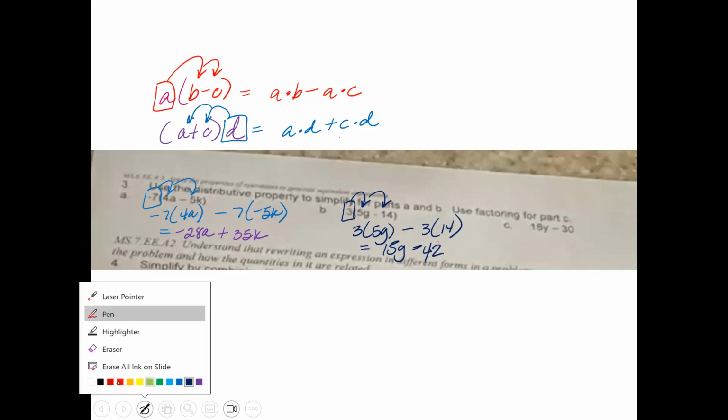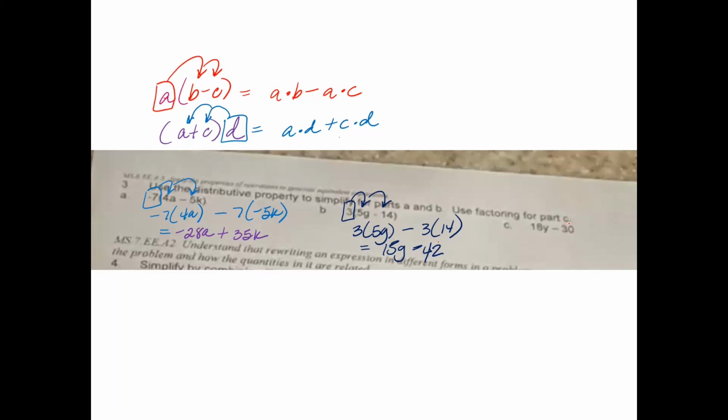Multiply it in here. So you have 3 times 5G minus 3 times 14. What is the first one going to give you? What's the second one? Next one.